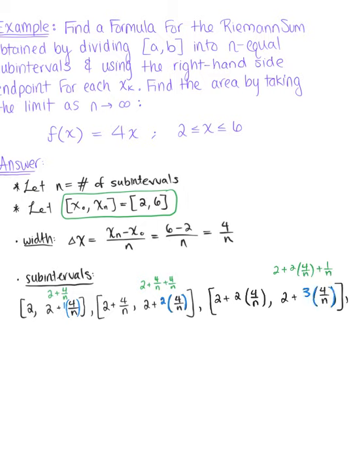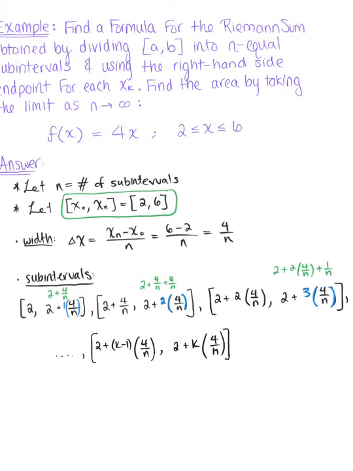When we continue this to that kth subinterval, I think it might even be easier to think in terms of the right-hand endpoint first. It's going to be 2 plus k times 4 over n. And so the left-hand endpoint has to be 1 less than that, so it would be 2 plus k minus 1 times 4 over n.